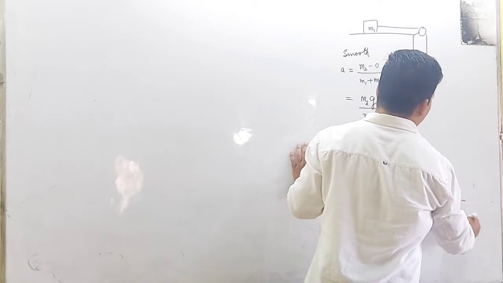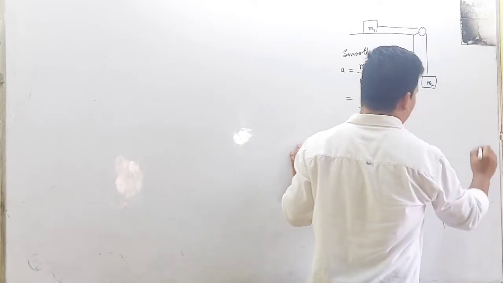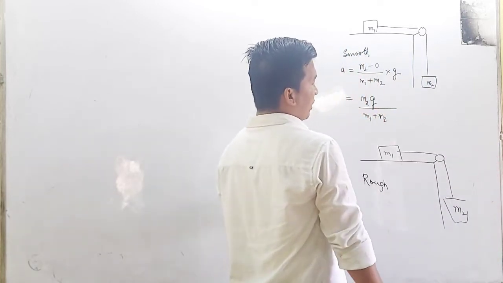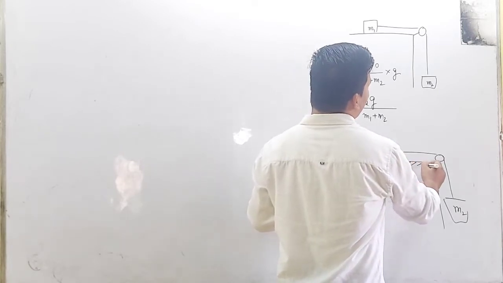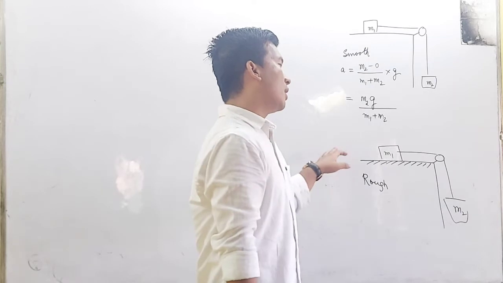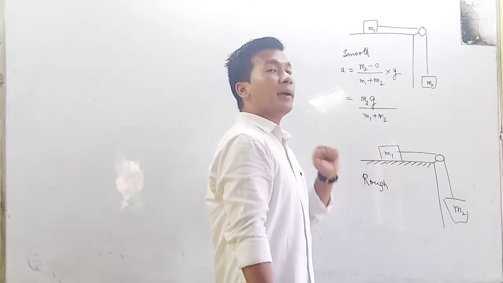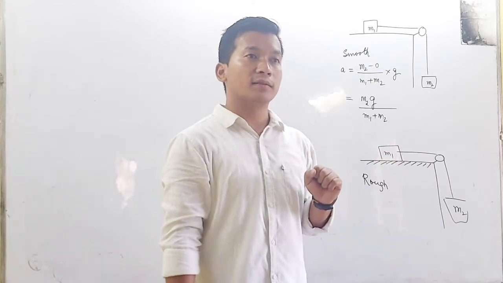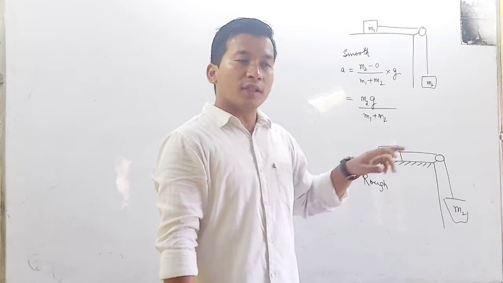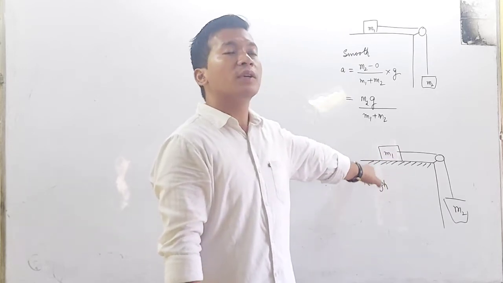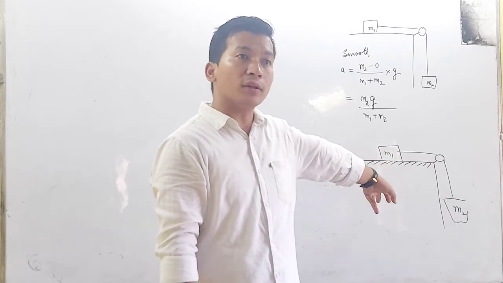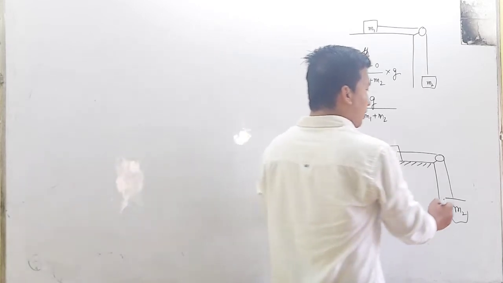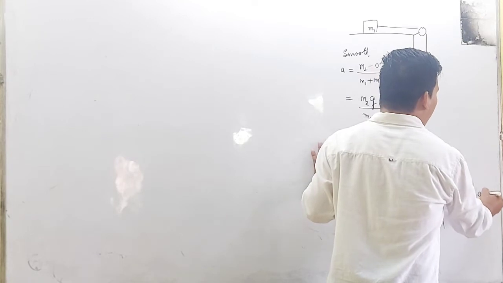This is your m2. Are we going to ignore the horizontal mass m1? This will produce some sort of opposition to the motion. Your m2 will be descending downward with acceleration a.